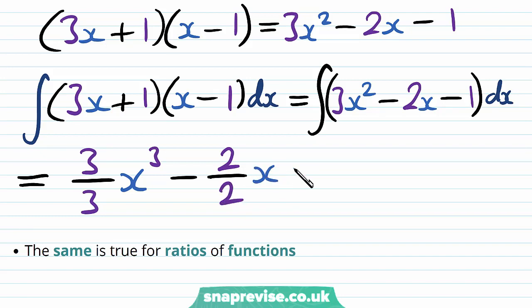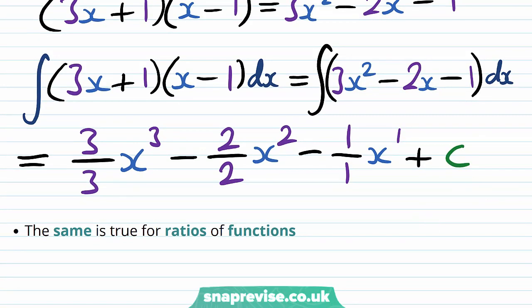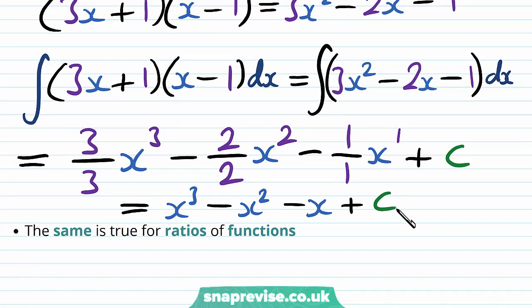And this minus 1 becomes minus 1, divided by the new power, where the old power is 0, so the new power is 1, and then we have an x to the power of 1. Of course, we then have our arbitrary constant plus c, and then by simplifying all of these fractions, we get x cubed minus x squared minus x plus c. This is the result of our integration.